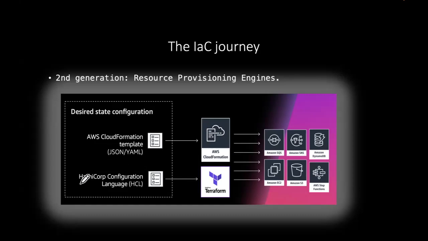What this company called HashiCorp did was they created a more sophisticated version of these templates. By sophisticated, I mean you don't have to write as much syntax. In the case of HashiCorp, we're not using raw JSON or YAML.